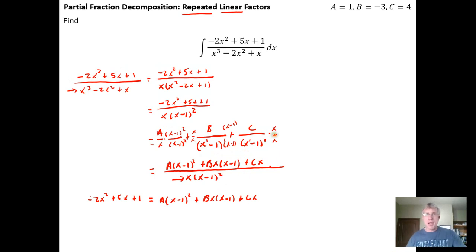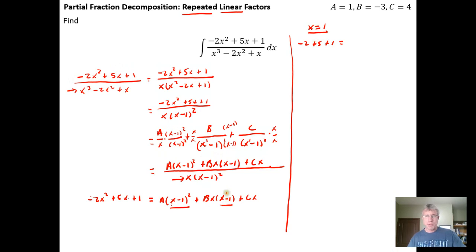And again, this is a matter of picking out smart choices for x and plugging those values in. So the first smart choice for x would be plugging in a 1, because if we plug a 1 into x minus 1, we get a 0. So choose x equals 1 as a choice. When we plug in 1 here, we're going to get negative 2 plus 5 plus 1 equaling, we plug a 1 in here, we get 1 minus 1 is 0. 0 times A is 0.